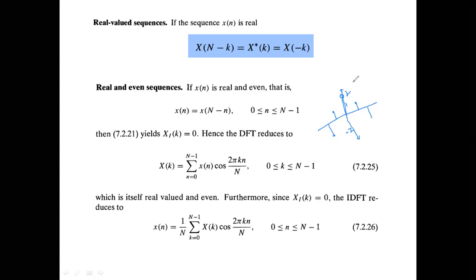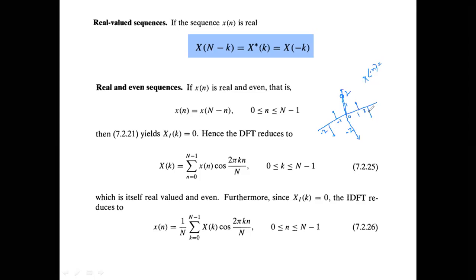Then if I take x of minus n, what do I get? Say this is 0, this is 1, this is 2, this is minus 1, and this is minus 2. If I find x of minus n, all the values at minus 2 will go to plus 2, all the values at plus 2 will go to minus 2, and so on.